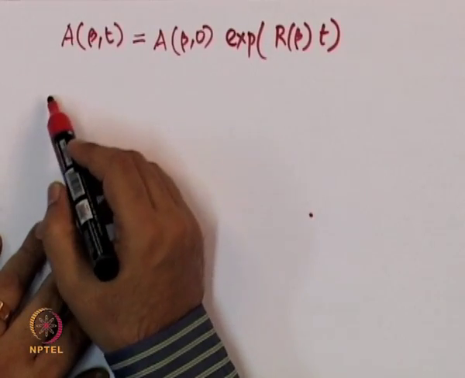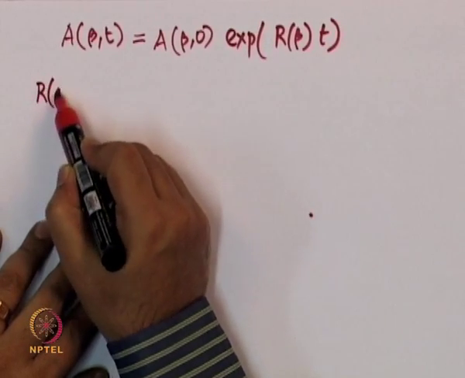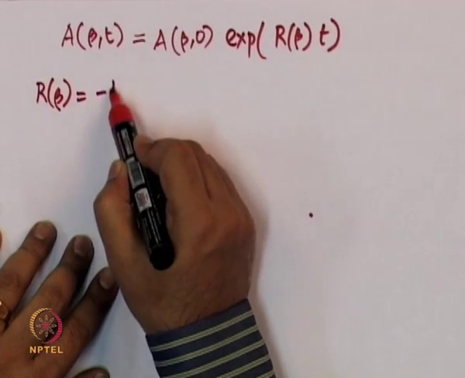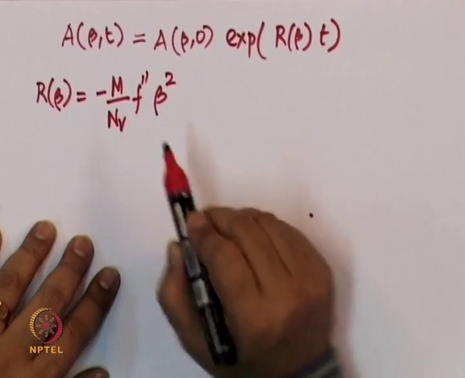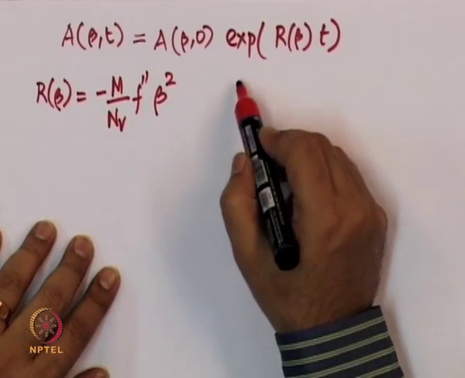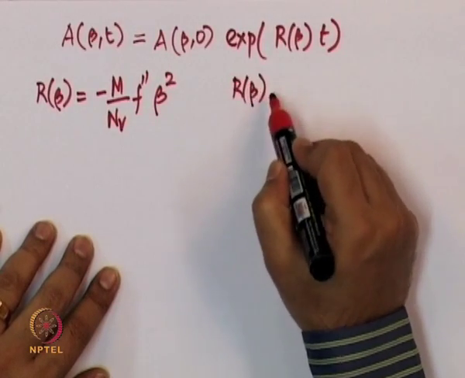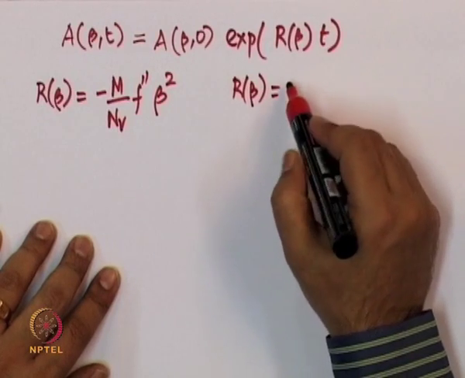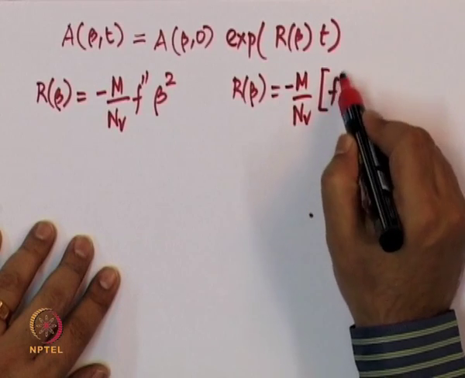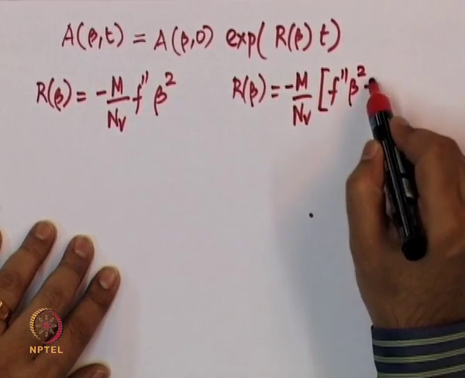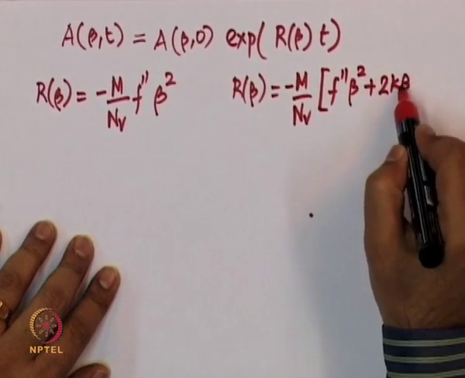Now, in the case of classical diffusion, we know that R of beta is minus m by nv f double prime beta squared, and in the case of the Cahn-Hilliard equation, it is minus m by nv times f double prime beta squared plus 2 kappa beta power 4.